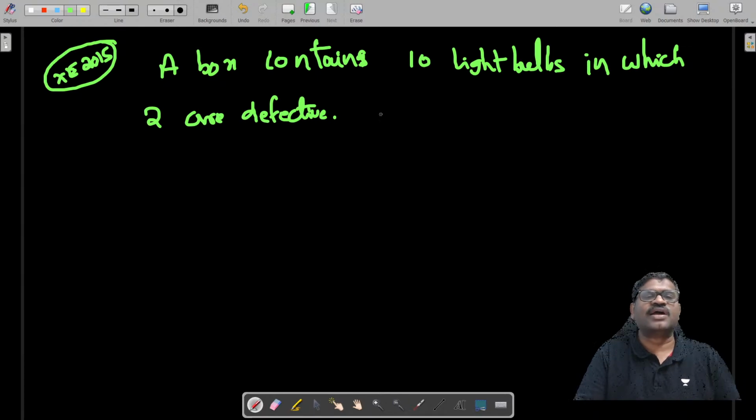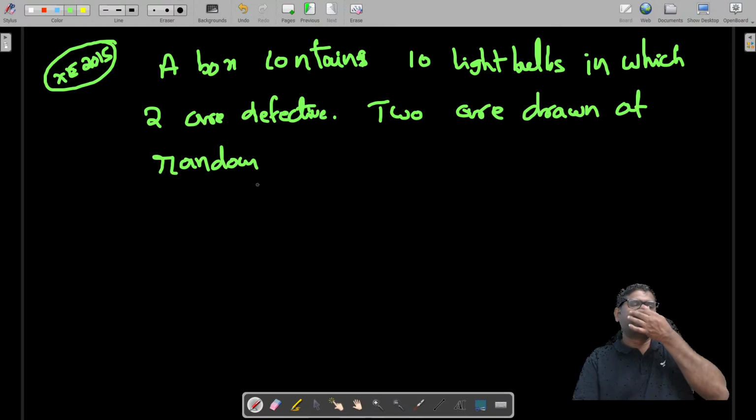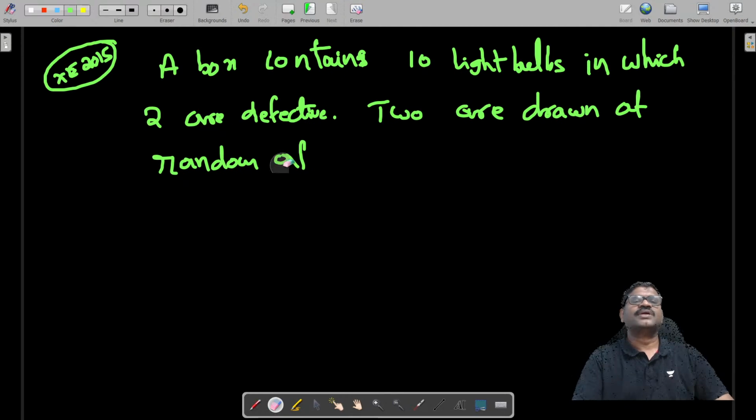Two bulbs are drawn at random, one after the other without replacement.